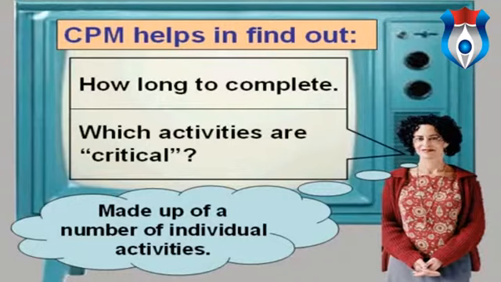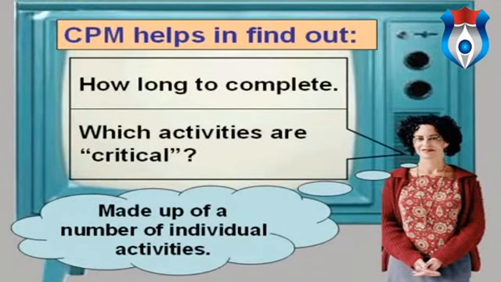CPM is for projects that are made up of a number of individual activities, especially when some of the activities require other activities to finish before they can start. Critical path method can help figure out how long the entire complex project will take to complete.